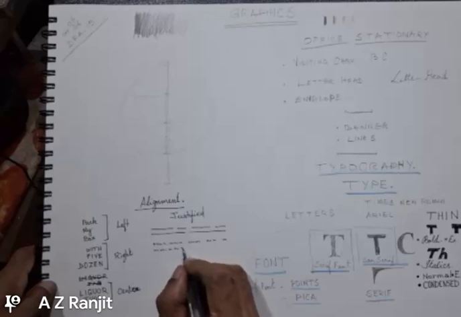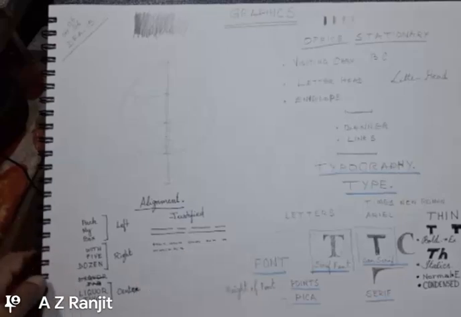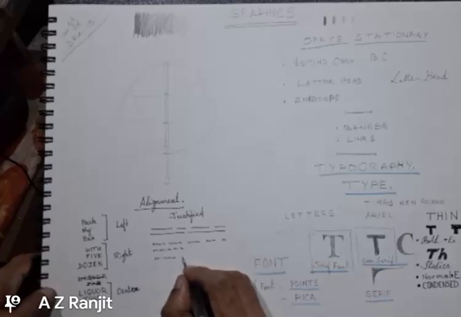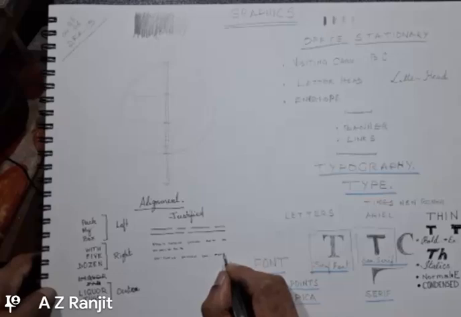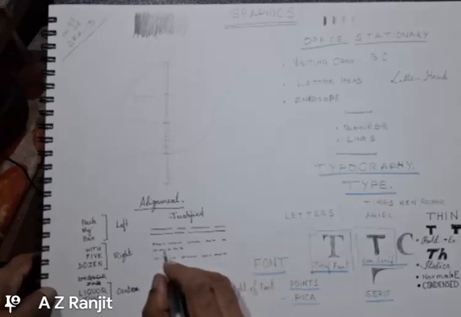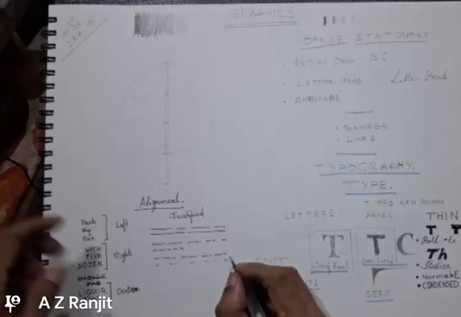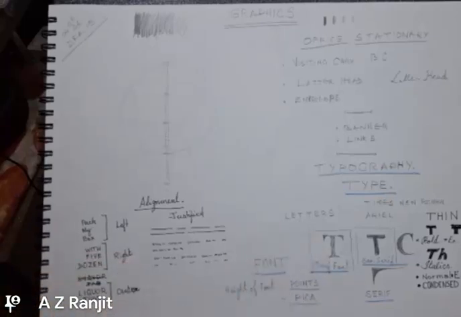Instead of doing this, that will be left alignment, right? Instead of doing that, what they will do is expand it like that. So it is aligned on both the sides. Justified, it is called.